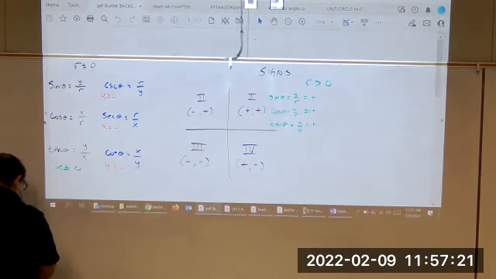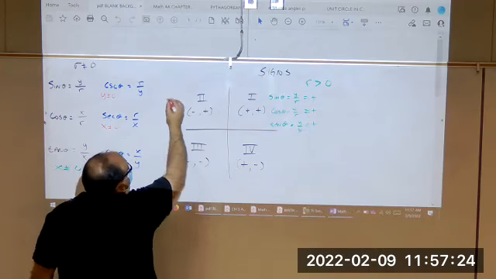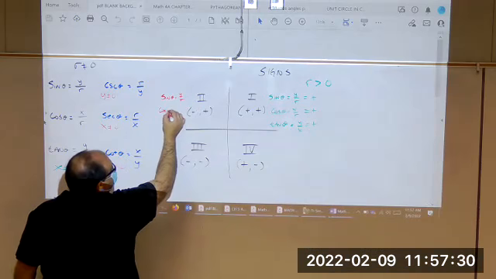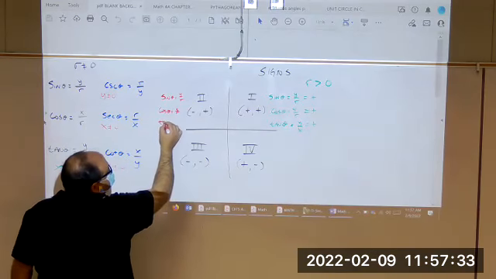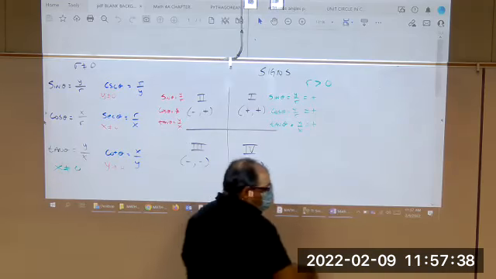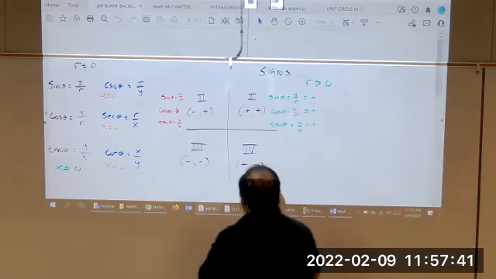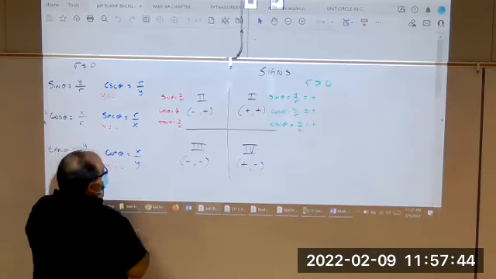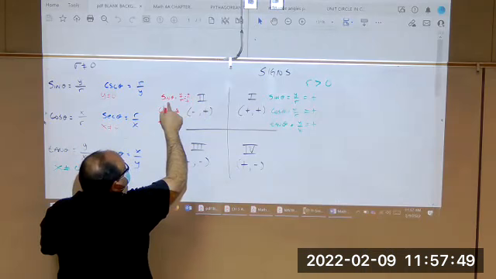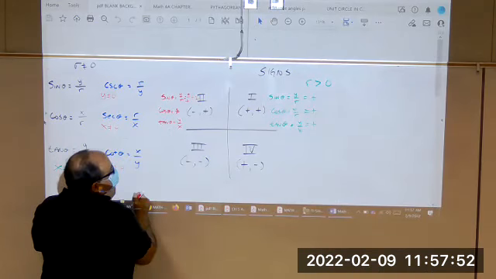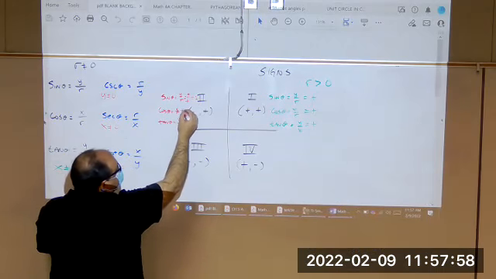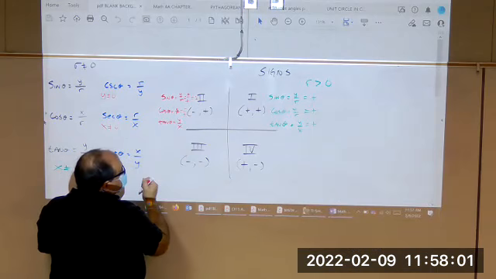When you get into quadrant 2, sine theta would be y over r. Cosine theta, again, is x over r. Tangent theta is y over x. So in quadrant 2, y is positive and the radius is positive. So sine would be positive. Cosine though, in quadrant 2, x is negative and the radius is positive.